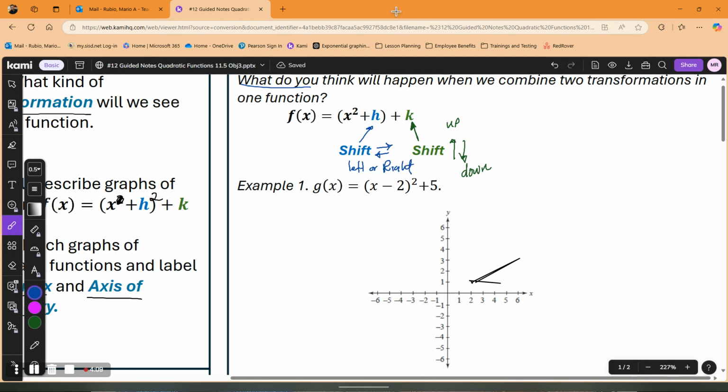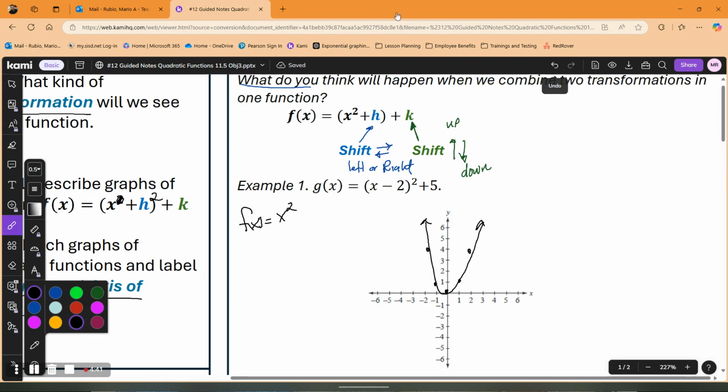We're going to have two transformations here. Our x squared, so remember, this is our base, this is our reference. x squared, which is always at these points, we have the vertex at 0, 0.